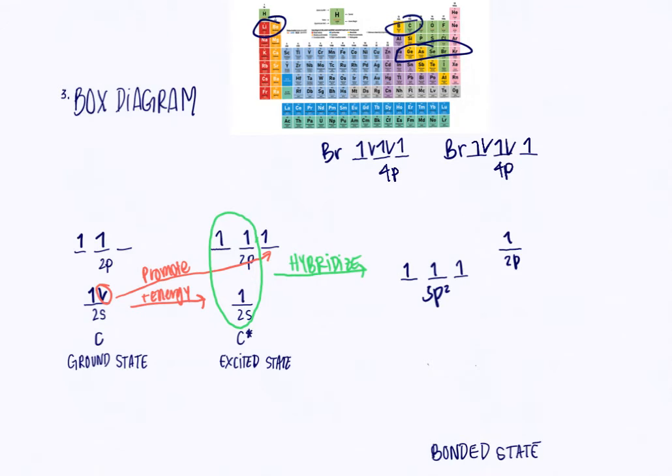So what we're going to do now is bond the non-bonded electrons in bromine and the sp2 orbital. So we have this and we have this. So now we have our sigma bond between our carbon and bromine.